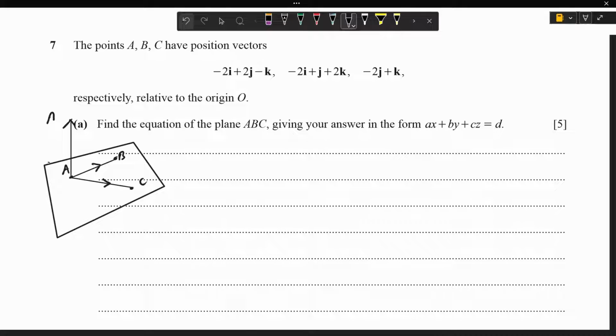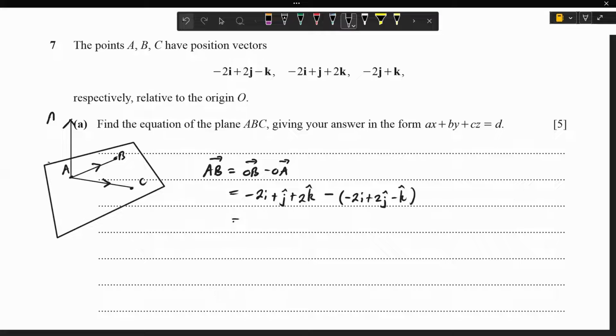So essentially here I'll be saying for AB, that's OB minus OA, which is minus 2i plus j plus 2k minus OA, which is minus 2i plus 2j minus k.